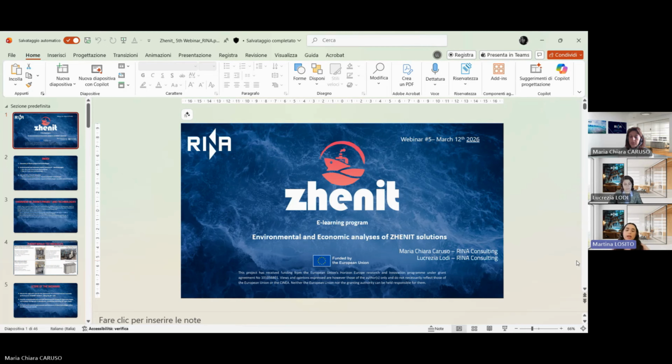Just a quick overview of the ZHENIT project and technologies. ZHENIT is an EU-funded project aiming at promoting waste heat recovery in order to make the shipping sector more sustainable, accessible and clean.